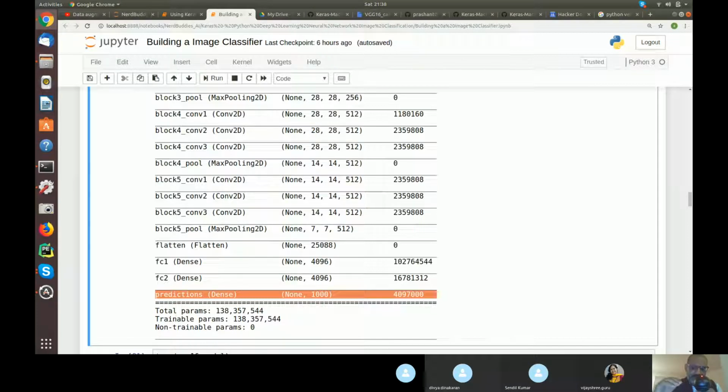Let's say those are all the features in the previous layers of the model, and the last layer is essentially adding up all those features to predict various categories.